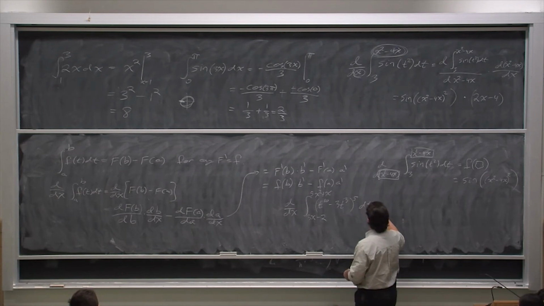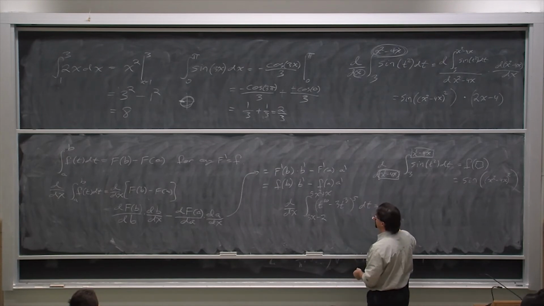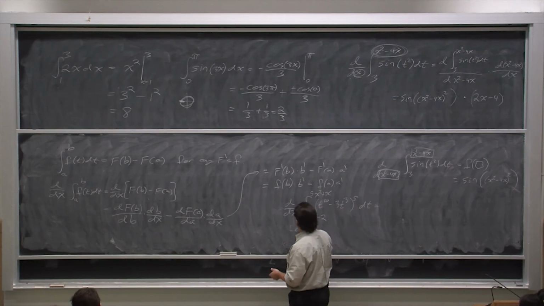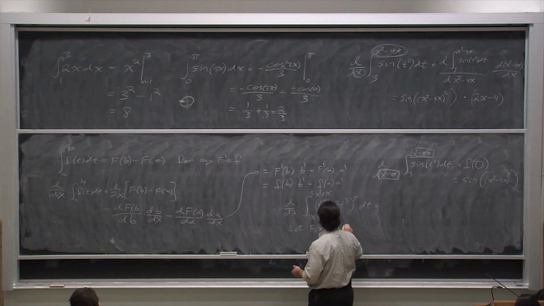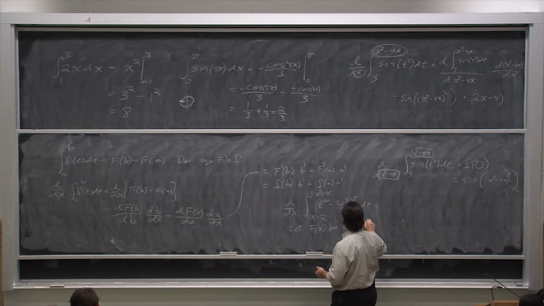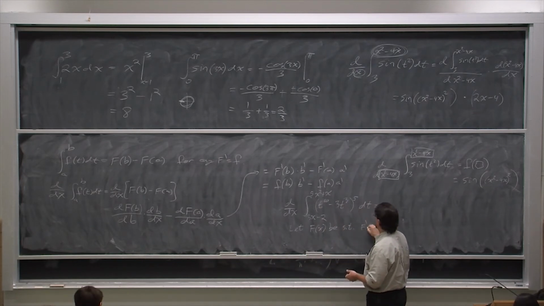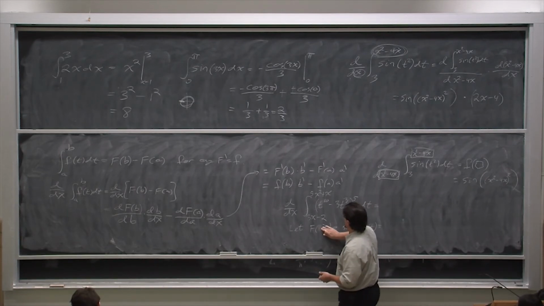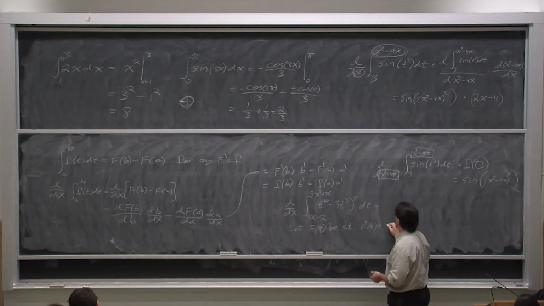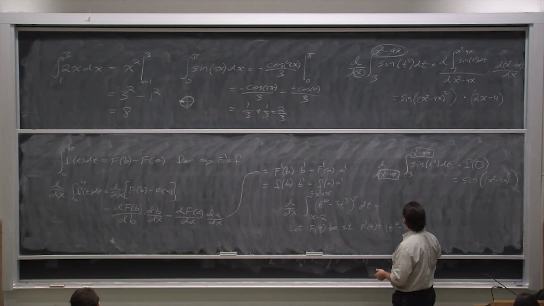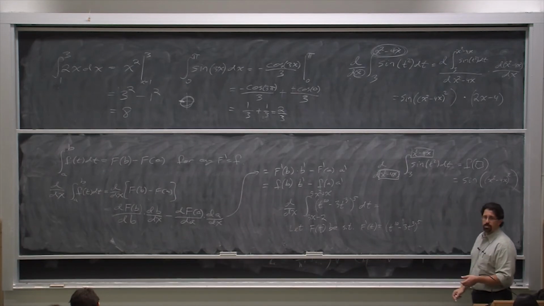So this is going to be equal to, I think one of the easiest ways to write it is let big F of x be some function such that big F prime of t, that'll make our lives a little bit easier, is equal to t to the 10 minus 3t cubed all to the 5th.